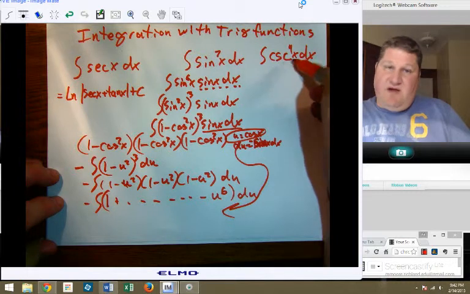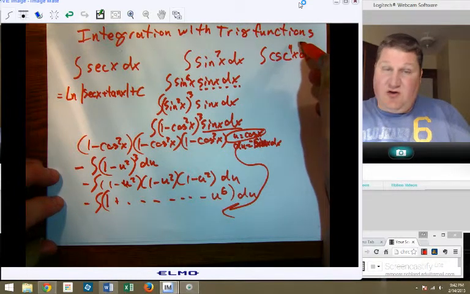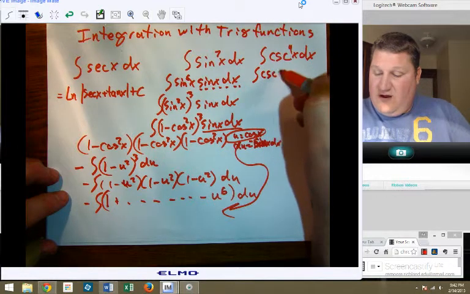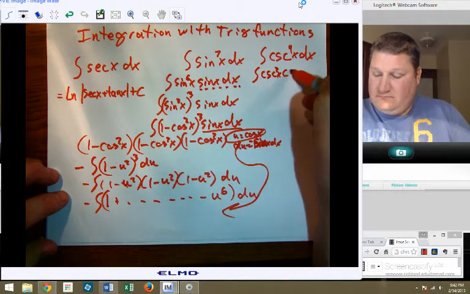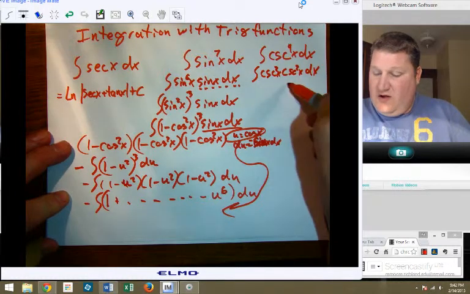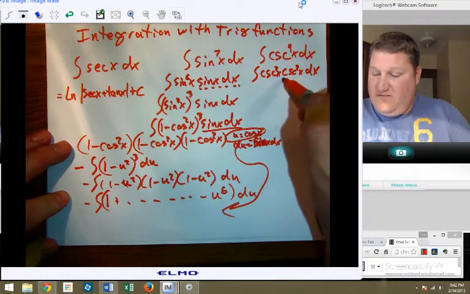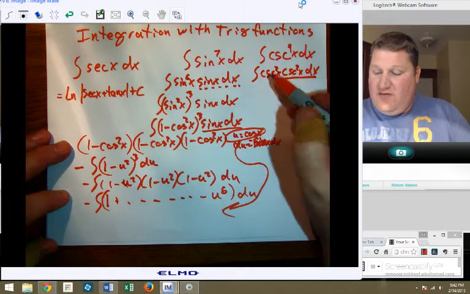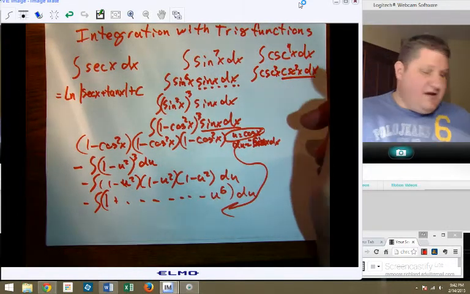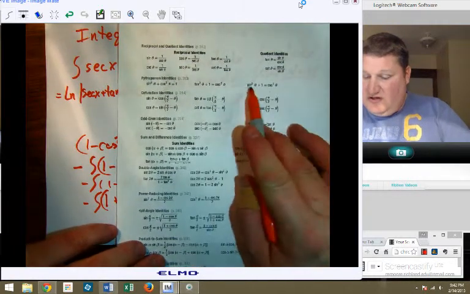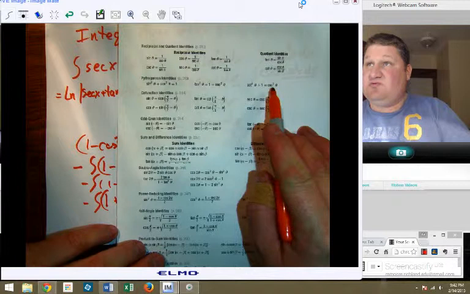However, an even power can work if it's a cosecant or a secant because I, in a similar way, can break this up and say, well, if this is what I have for the differentiated u, then what does this need to be? Well, how do I get a cosecant squared? The answer is cotangent squared theta plus 1.